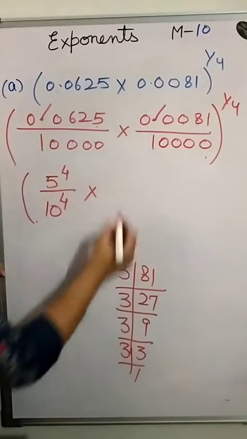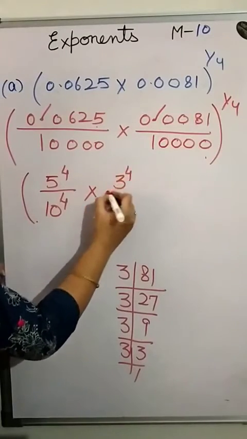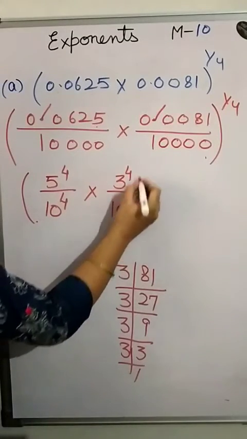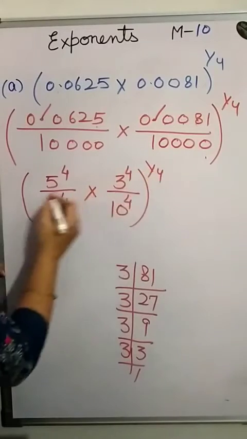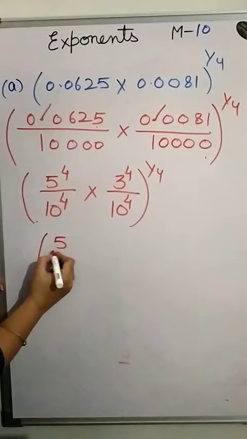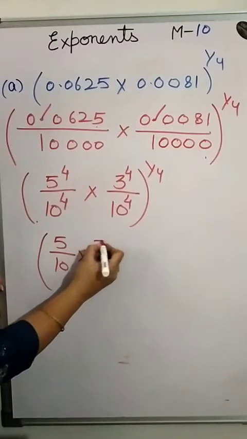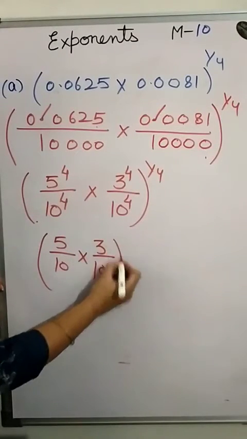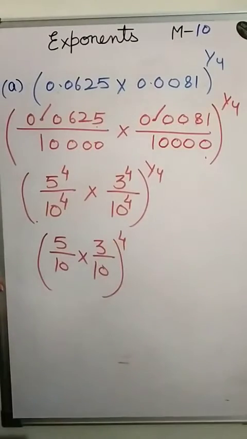So we can say 3 to the power 4. This is 3 to the power 4 over 10 to the power 4, to the power 1/4. They all have power 4, right? So (5/10) multiplied by (3/10), and whole to the power 4 we can write.